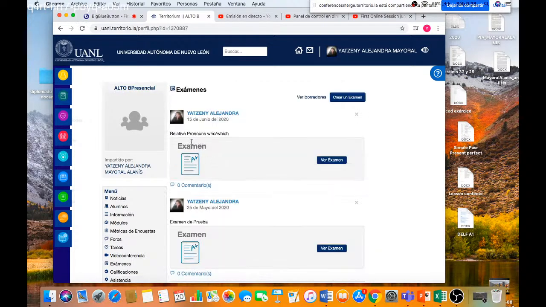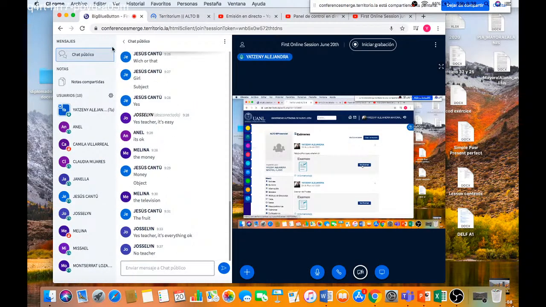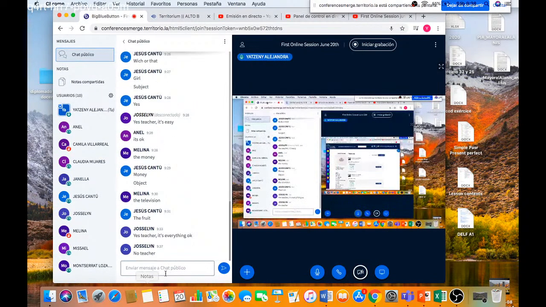And then it says relative pronoun who, which. Could you please click over there to start working? And when you finish, could you please write here that you finish? It's an exercise, it's not an exam, so don't worry that I've done a study or something like that because it's an exercise. It's your participation of today.